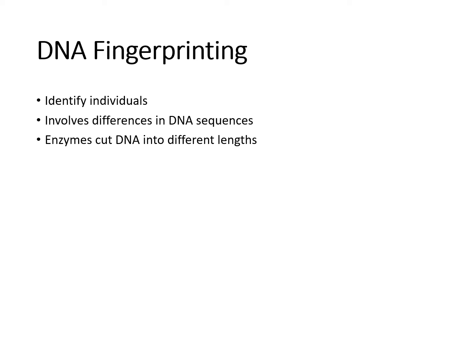And to perform DNA fingerprinting, a scientist would use enzymes to cut the DNA into different lengths, and the lengths depend on the sequences that the individual has. Then you would take those fragments of DNA, run them through electrophoresis, and compare the banding patterns.